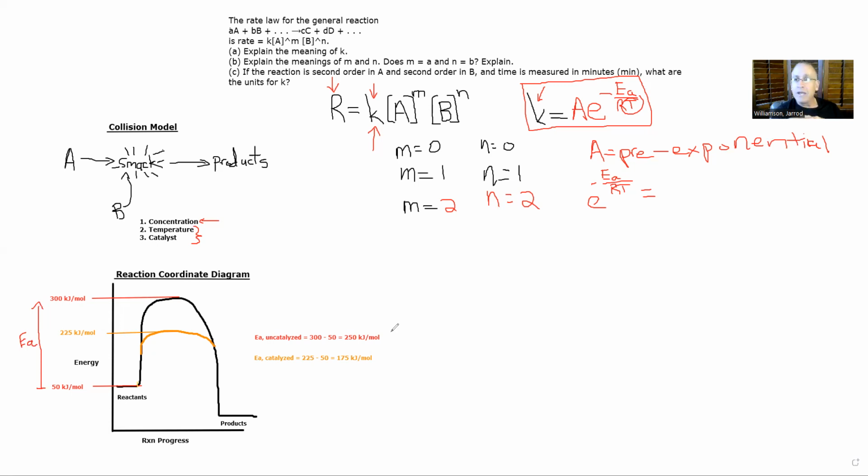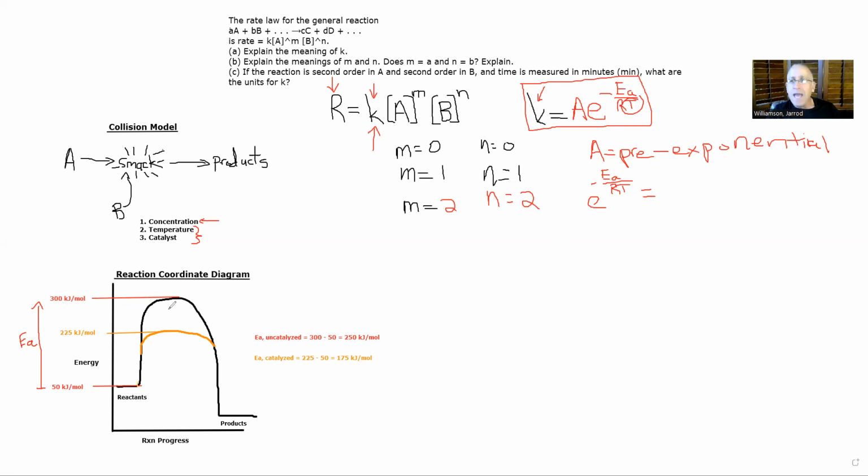So without a catalyst, these things are going to have to collide with 250 kilojoules per mole of collision energy to break the chemical bonds of A and the chemical bonds of B so they can make the products. And that's this activation energy right here.